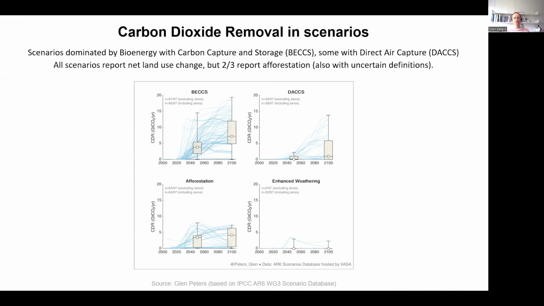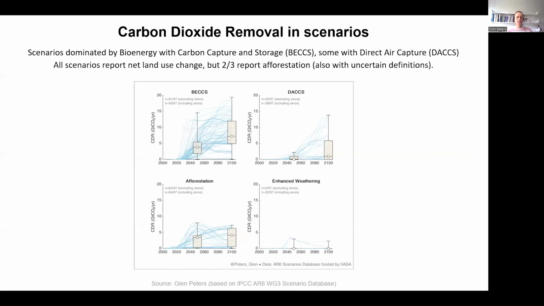You'll see clearly in this figure, most scenarios use bioenergy with carbon capture and storage. Just about all scenarios report this variable, and it's used at scale. Direct air capture, only about 1/3 of scenarios use that technology. It's relatively new technology, so there's much more uncertainty about its deployment levels. And also, if you use more of that technology, it might displace some of the bioenergy with carbon capture and storage.